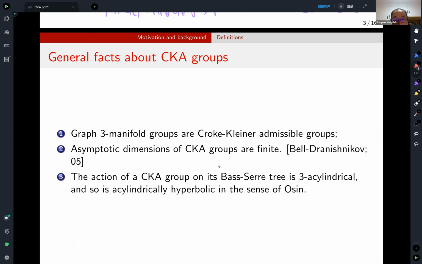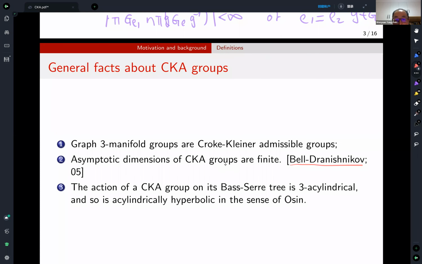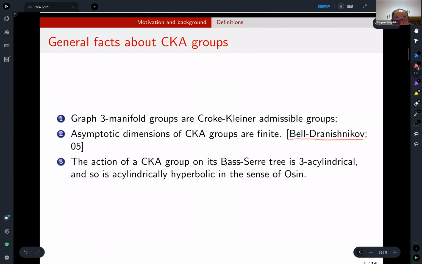This follows from a result which says that if a group is a graph of groups such that each vertex group has finite asymptotic dimension, then the group has finite asymptotic dimension. Here the vertex groups are the integers cross a hyperbolic group, so they have finite asymptotic dimension.